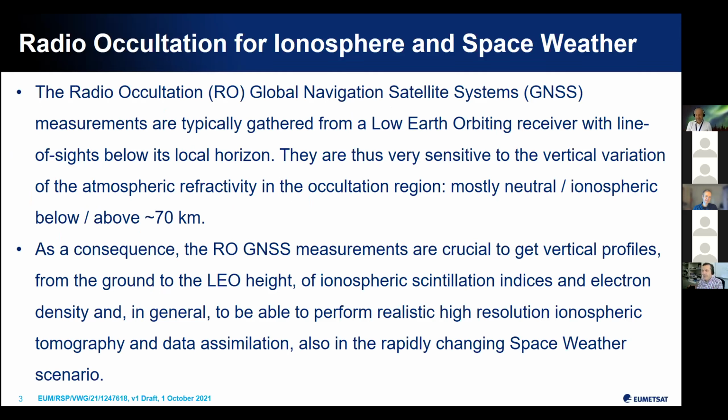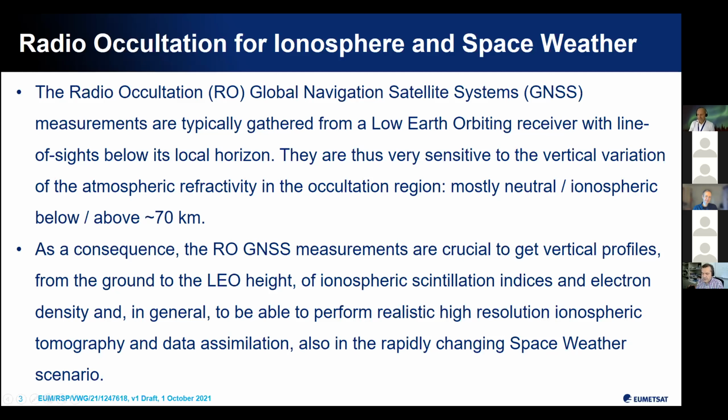Okay, so yes, the radio occultation GNSS observations, as has been shown in previous talks, are typically obtained from LEO, low Earth orbiting receivers, as observations below the local horizon.